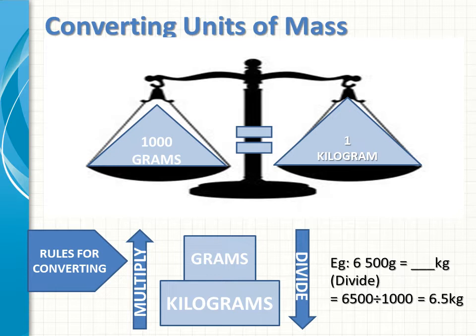Just the same way that I said to you during the units of length, that 25 dirham coin equal to 1 real. Also here, 1000 grams equal to 1 kilogram. Remember the rules for converting when we did units of length.